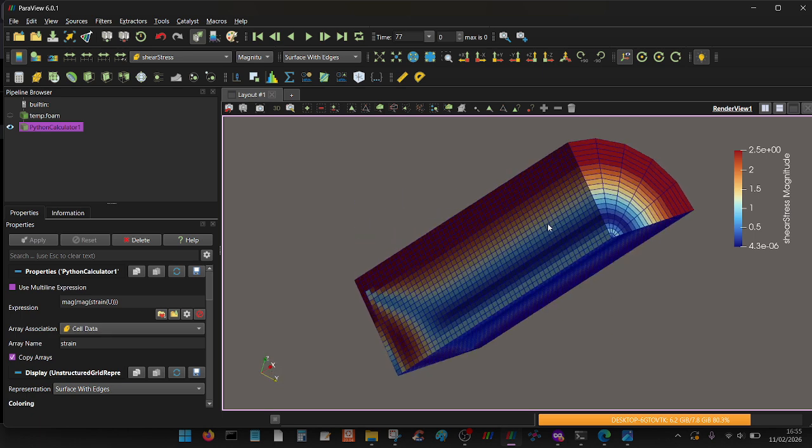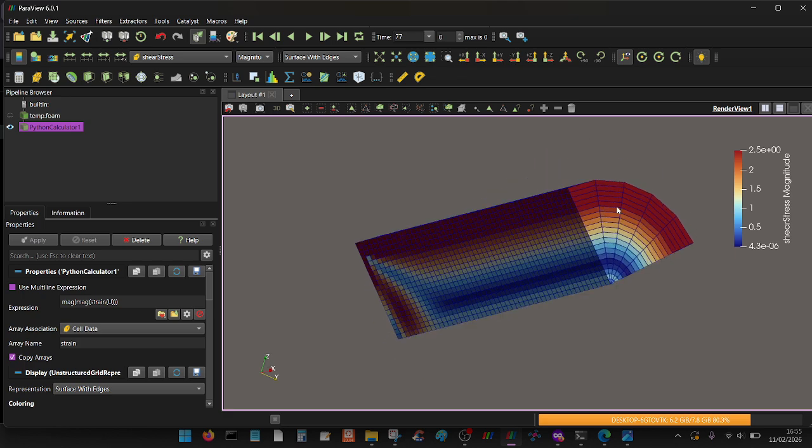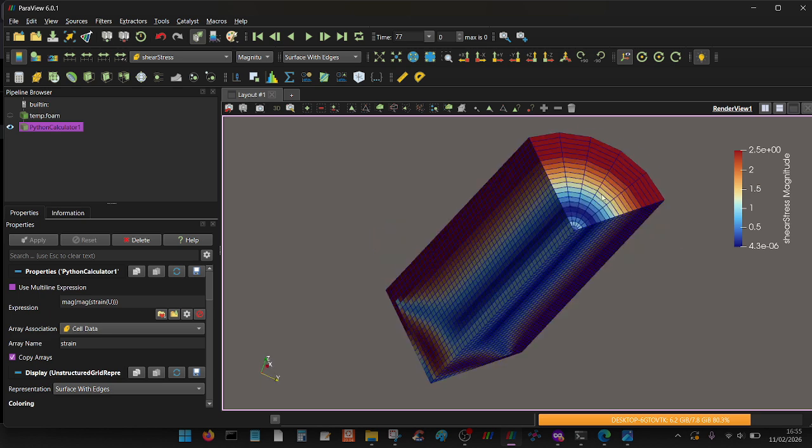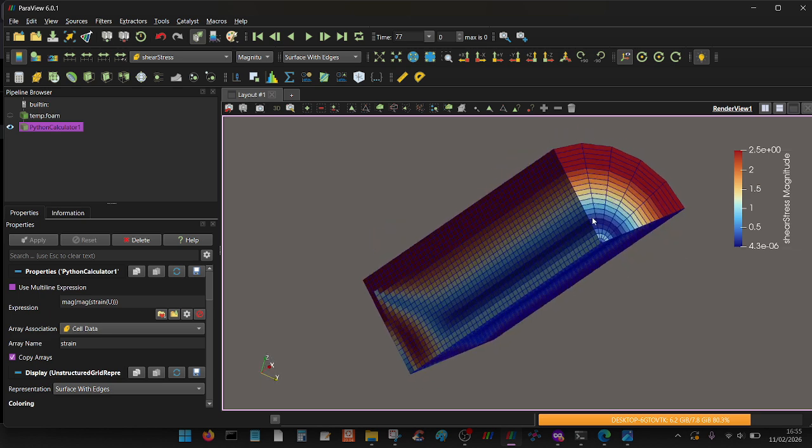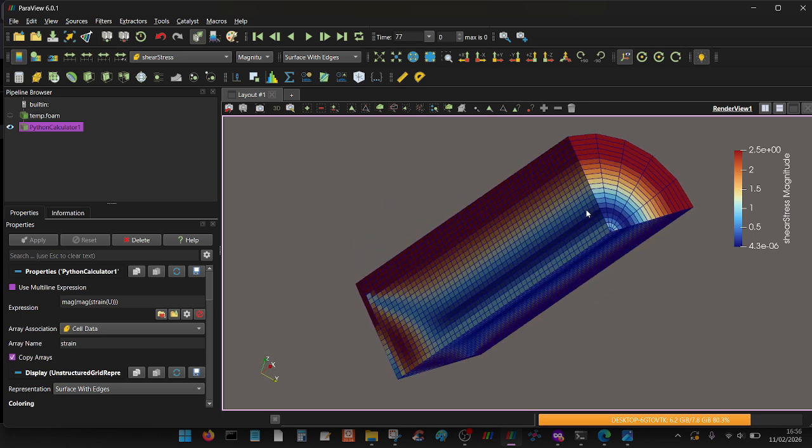So we've got a stress and we've got a strain and we've got the viscosity. There's quite a few things that you can look at there. And then in theory you could look at the different hydrogels, put in different values for different hydrogels, then rerun it and do it like that to compare which one is best.